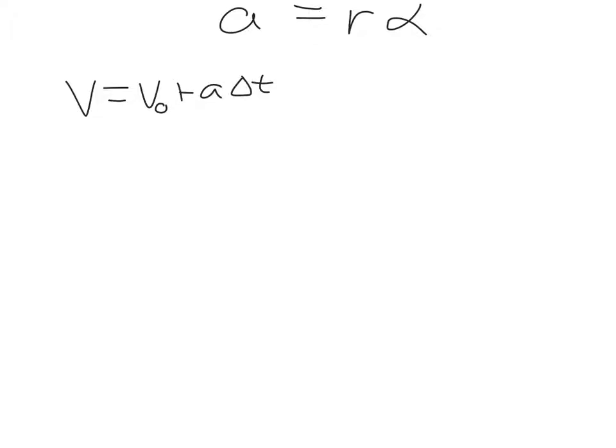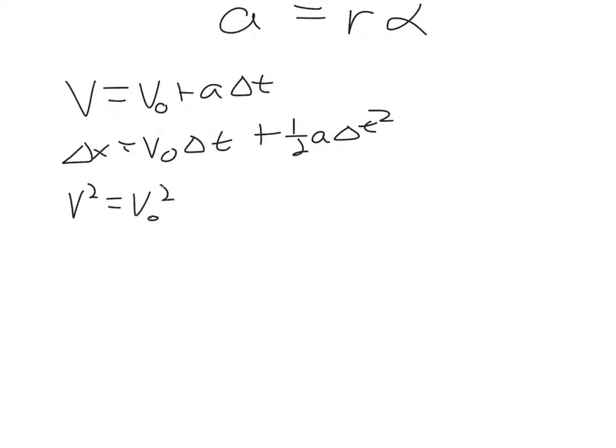We had delta x equal v naught delta t plus 1/2 a delta t squared. And we had v squared equal v naught squared plus 2a delta x. Those were the linear constant acceleration equations.